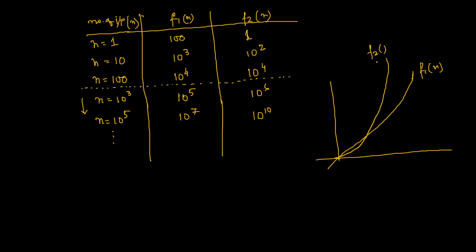So f2 can be something like this, where the cut point is where n equal to 100, and before this 100, f1 was lesser than f2. From this particular example, what conclusion can we draw? Just a minute.